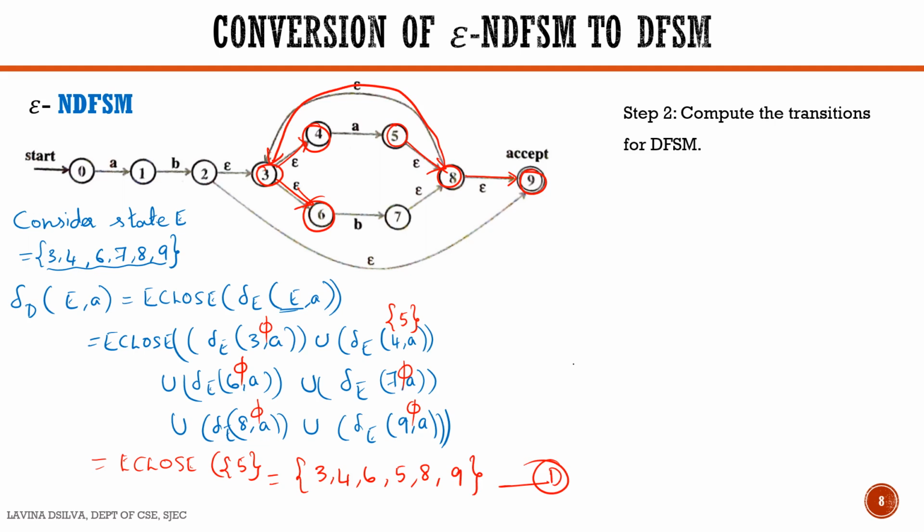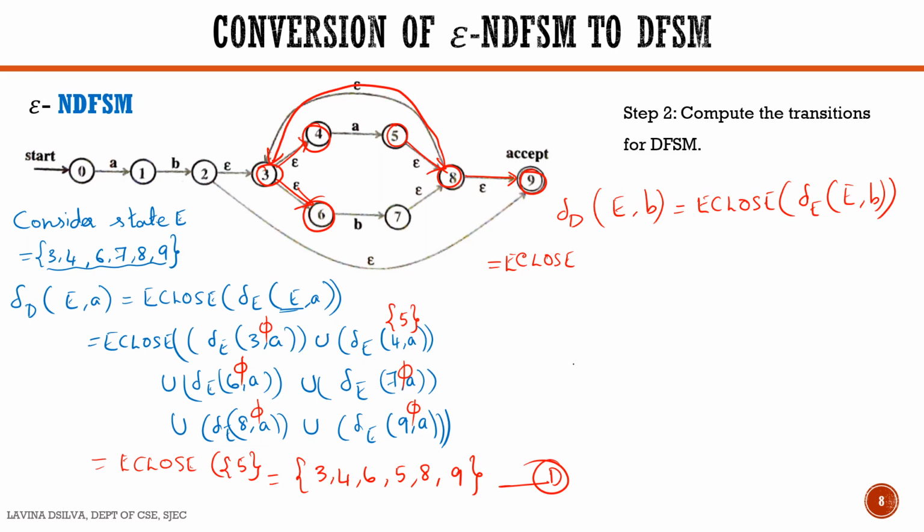Again we consider delta D of E comma B. So that will be equal to E close of delta E, capital E comma B. I'll skip one step and write the split up transitions.